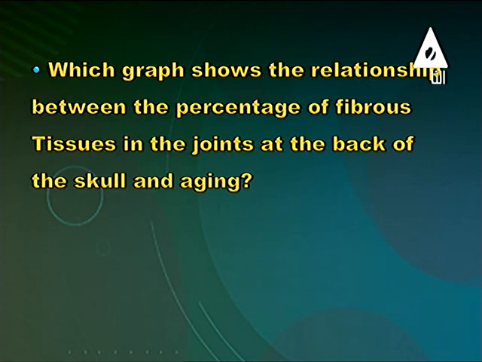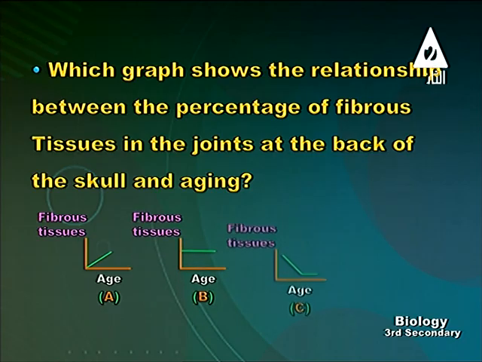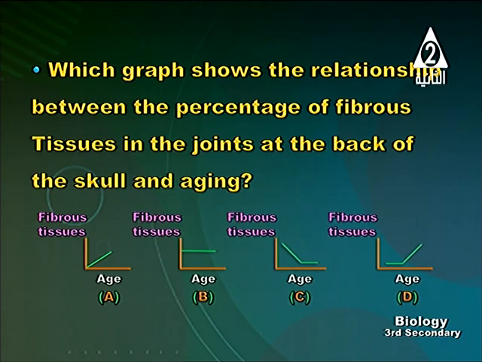Which graph shows a relationship between the percentage of fibrous tissues in the joints at the back of the skull and aging? We have 4 different graphs, as you can see. You of course know that by aging, the number of fibrous joints present in the back part of the skull decreases as fibrous joints change into bony tissues. So the number of fibrous joints decreases by aging.